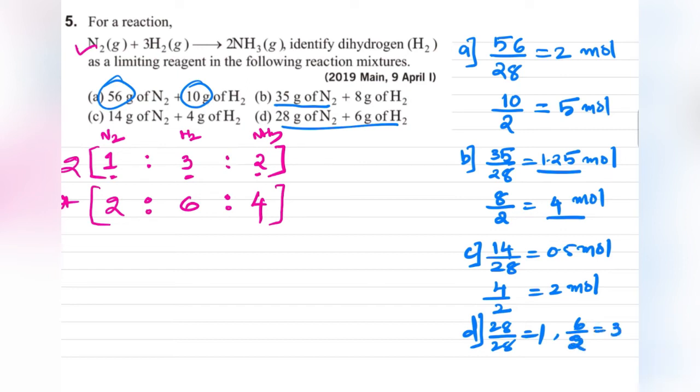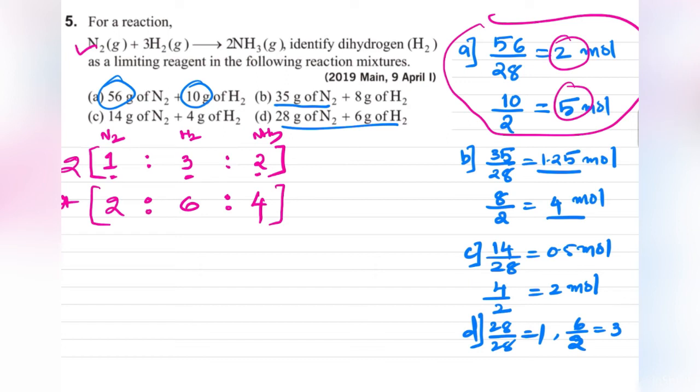So these are the moles. In the first option we have 2 and 5 moles. In option B we have 1.25 and 4. In option C, 0.5 and 2. In option D, we have 1 and 3.